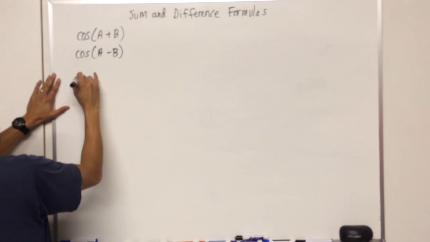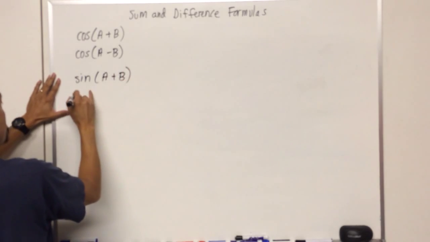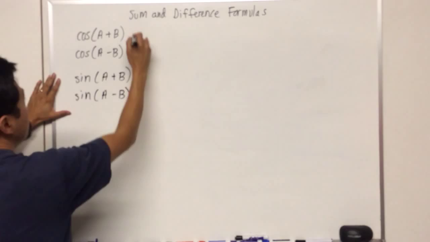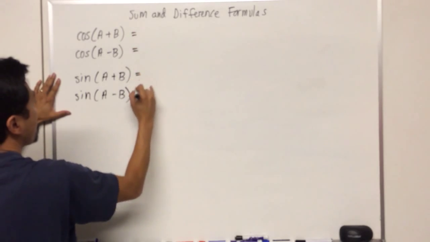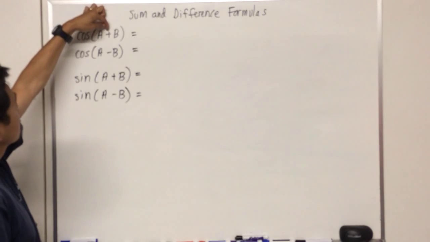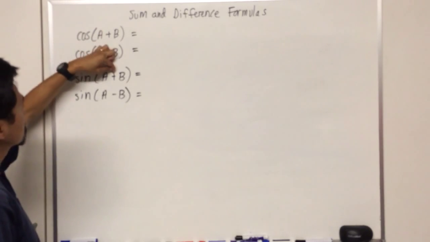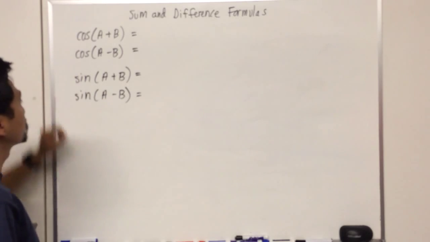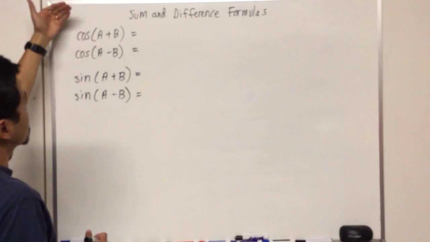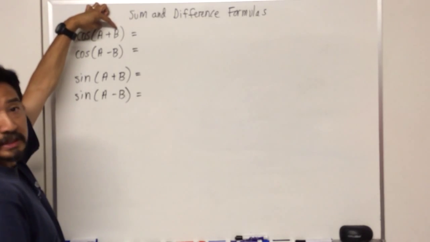So let me write them out for you. Okay. So I've got the sum and difference formulas for cosine, the sum and difference formulas for sine. Okay. Now, to write these identities, I'm going to just take the angles in the order in which I see them.